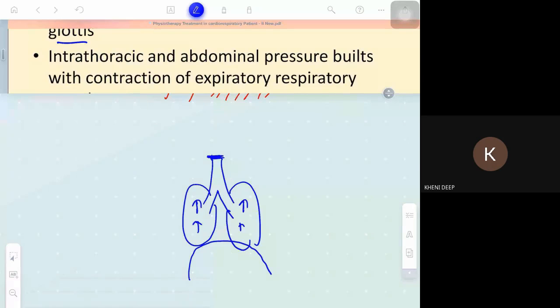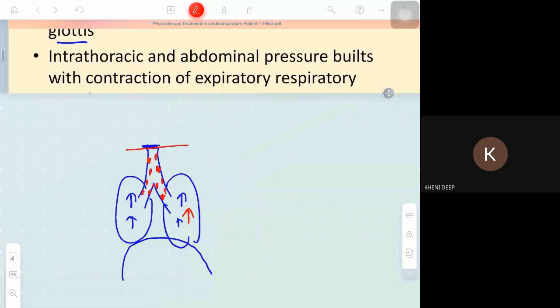So what happens? Imagine there are secretions lodging within the airway. Secretions within the airway, imagine. Clear? Now what happened? Pressure is increased and the glottis is closed. What will happen if suddenly the glottis opens? The air will rush out forcefully.